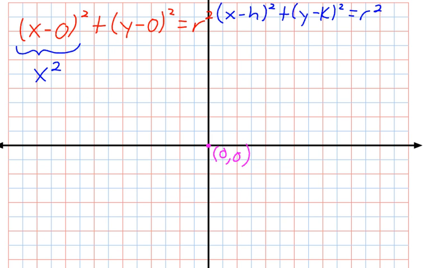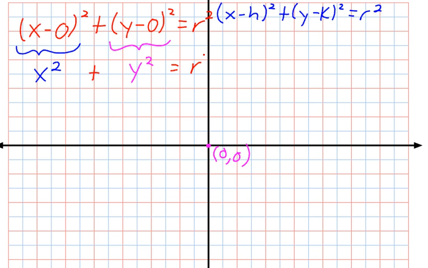All right? And now if I look at doing the same thing with this part of my equation, the y, well, the y part, I'm taking 0 away from it as well. So that one I can just simplify to y squared. And then I'm not really changing anything with my radius.